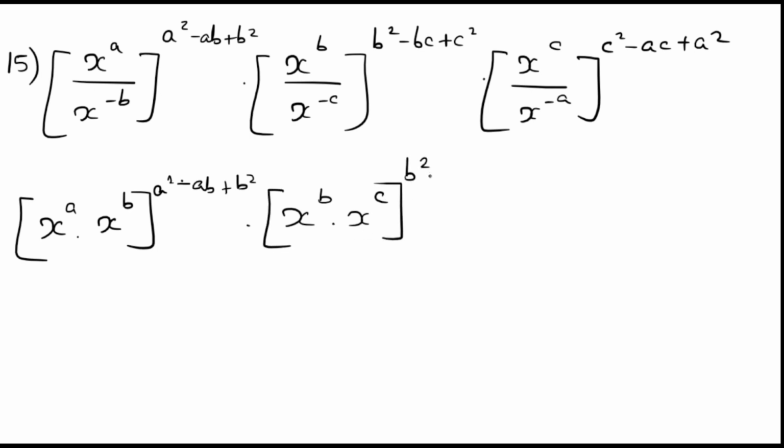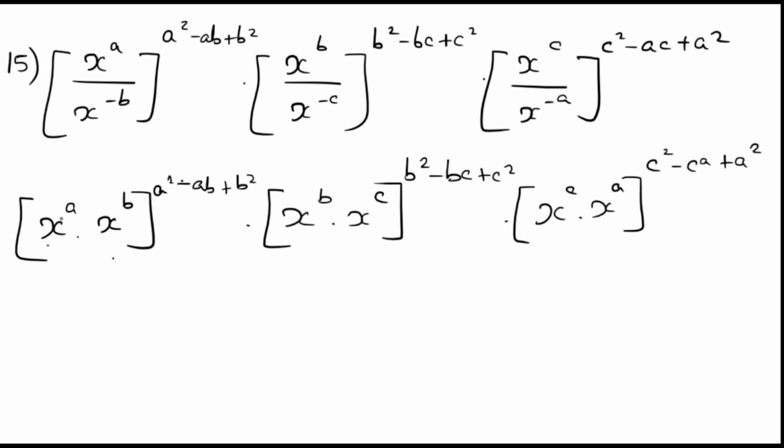The whole to the power B square minus B into C plus C square into x to the power C into x to the power minus A will become x to the power A. The whole to the power C square minus CA plus A square.